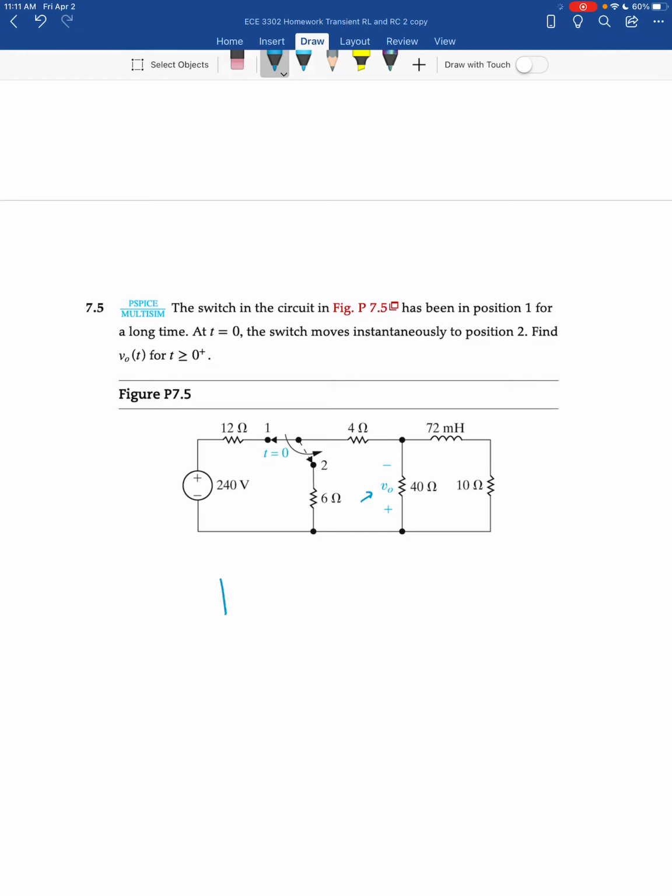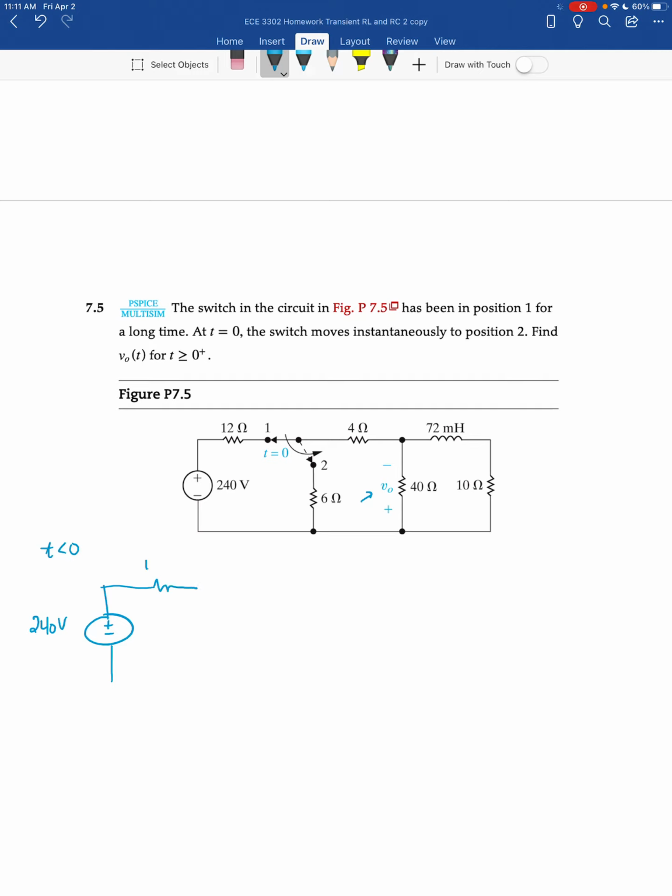Okay, now let's look at this problem. It's very similar. So let's first of all solve for the inductor current at t equals 0 minus.